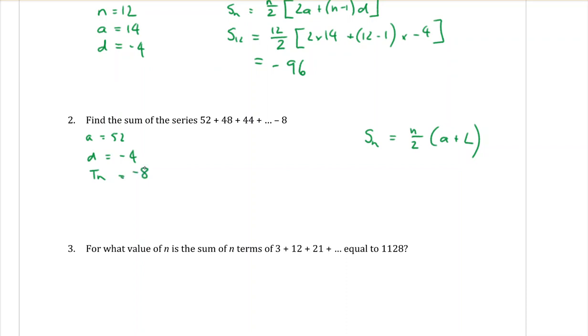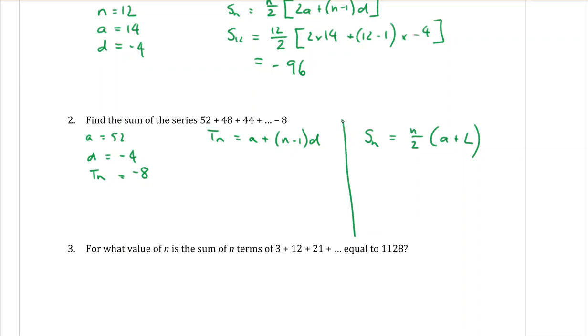And I need to work out what position that is in because that's the n I need for the sum. So I have to go back and remember from when I was doing terms, the formula for a term in an arithmetic sequence, which is T of n equals a plus.